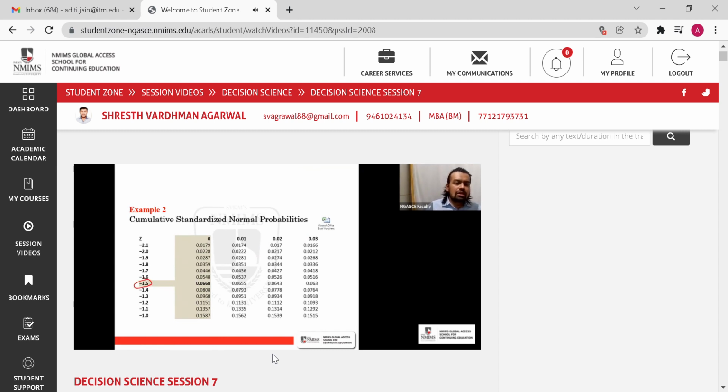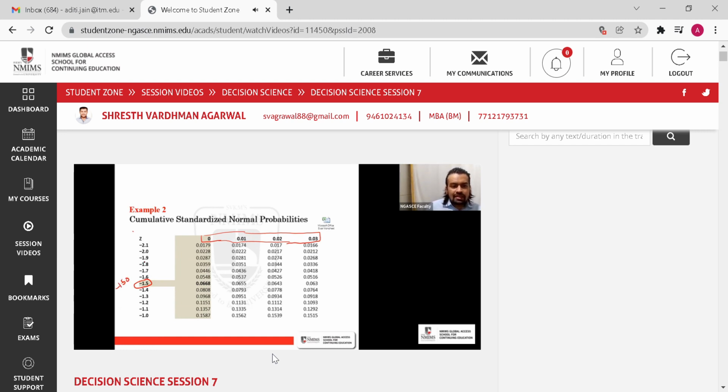Here in the first column these are the z values with 1 decimal point, and here the second decimal place is given. Our z value is -1.50.